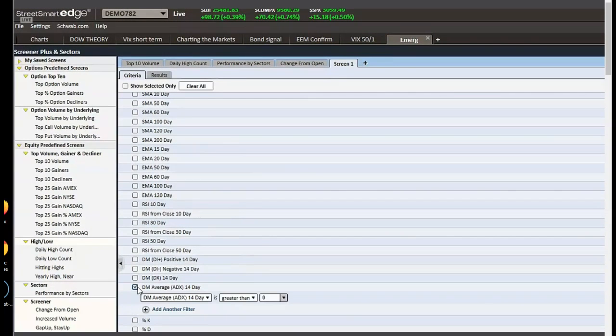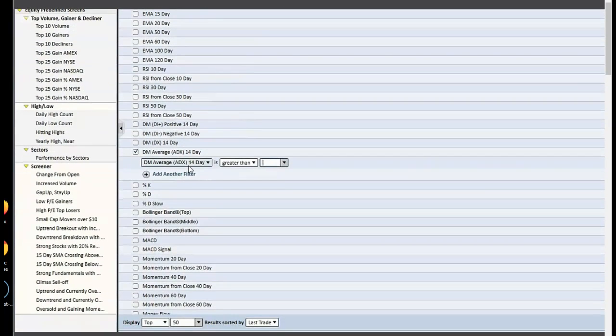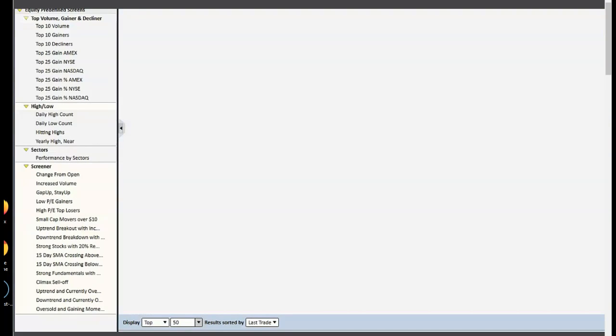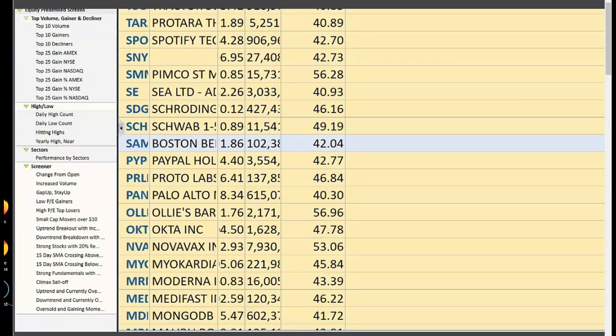Let's say you want strongly trending stocks, maybe set it greater than 50, for instance. Well, let's do 40, because that was on the chart. This should give you a list of stocks that are trending.